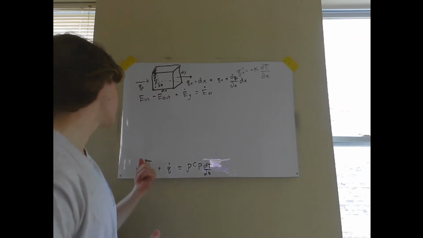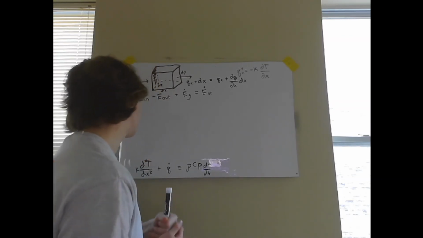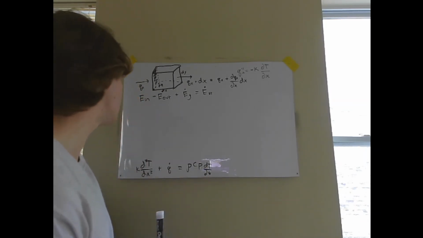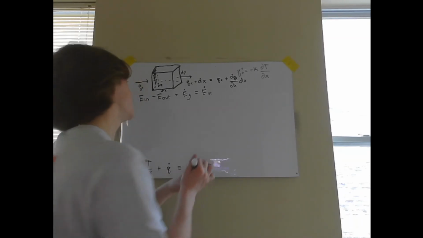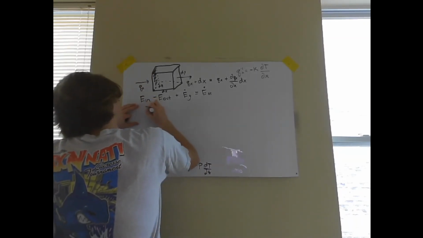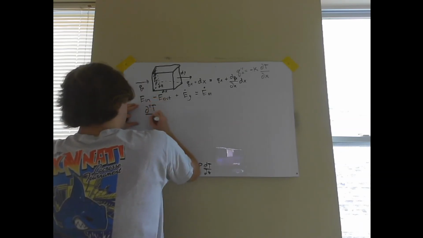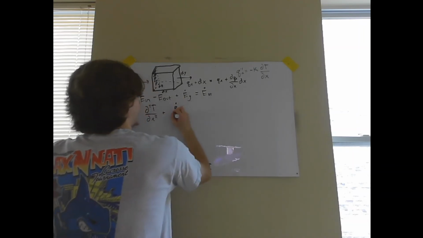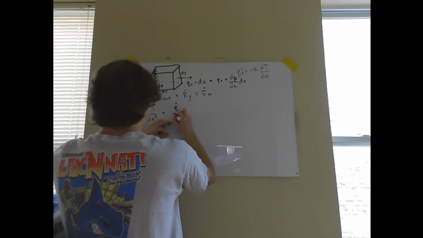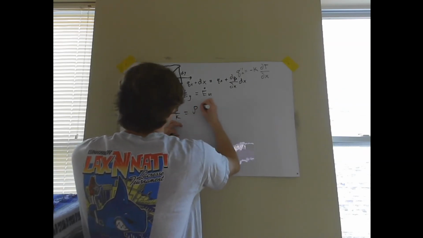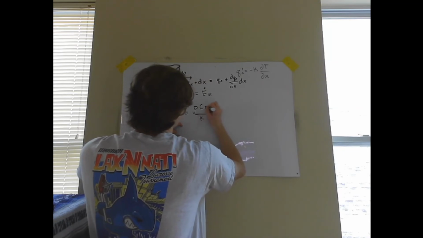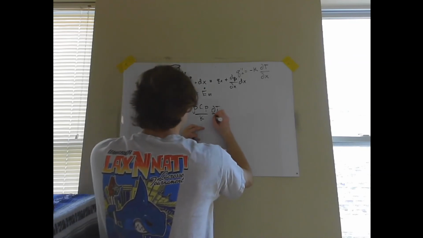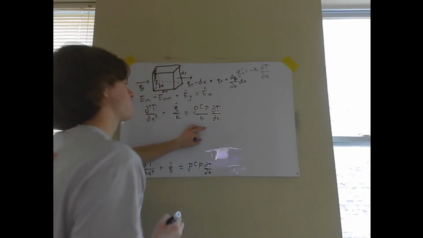Our next step is to divide across by k. If we make the assumption that k is uniform for all three directions, we'll be able to divide across by it. And this is a common assumption that's usually made, so I'm going to go ahead and do that. So k will go away in our first term, and then we will have the heat generation rate divided by k, and that will be equal to rho Cp over k times the partial derivative of temperature with respect to time.